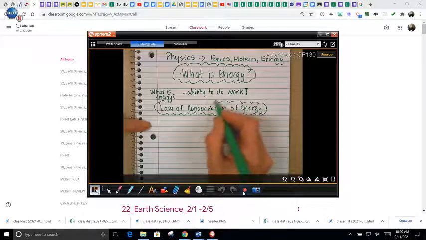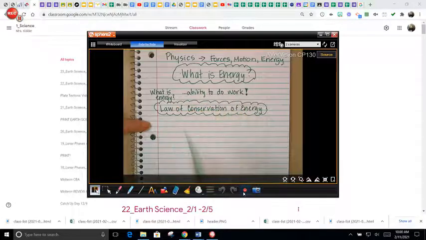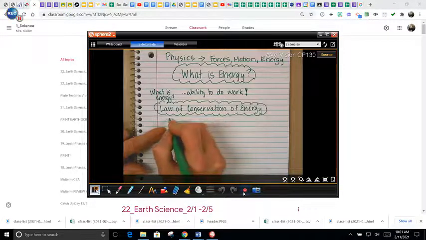And if you remember correctly, the law of conservation of mass said that atoms cannot be created or destroyed. They can only rearrange themselves to create new molecules or compounds, meaning engage in bonds. But we don't lose anything in that process. And it's the same with energy. Energy cannot be created or destroyed.